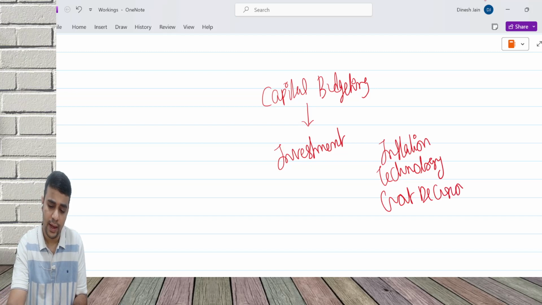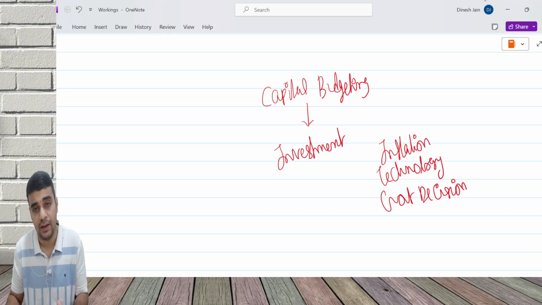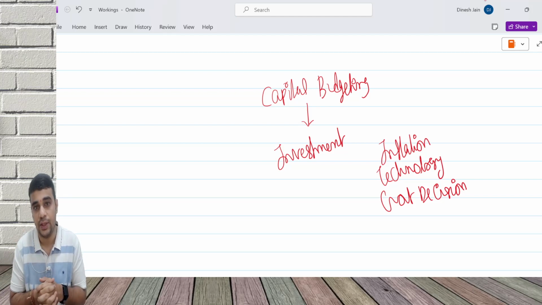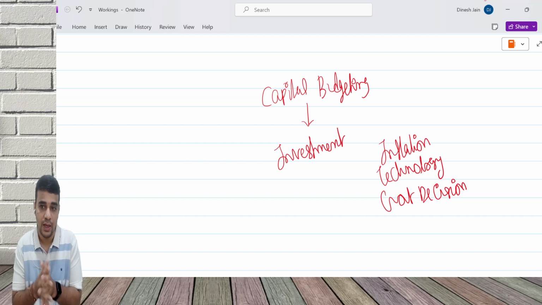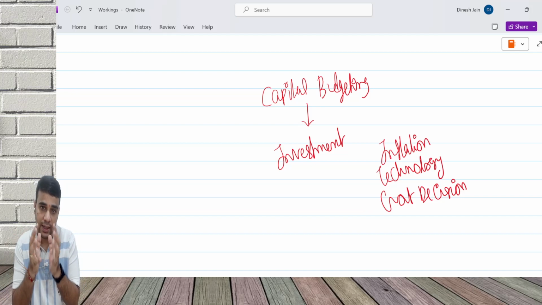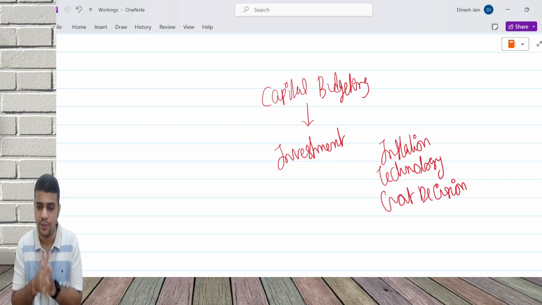Then we go ahead and see the various techniques to incorporate risk in a capital budgeting decision. You can broadly classify them into various techniques, like probability, standard deviation, expected value, RADR approach, risk adjusted discount rate, certainty equivalent approach, sensitivity analysis, scenario analysis, simulation analysis.